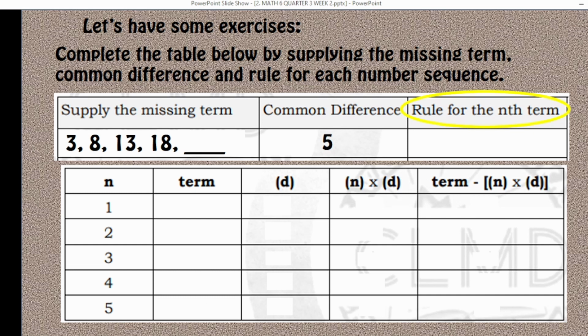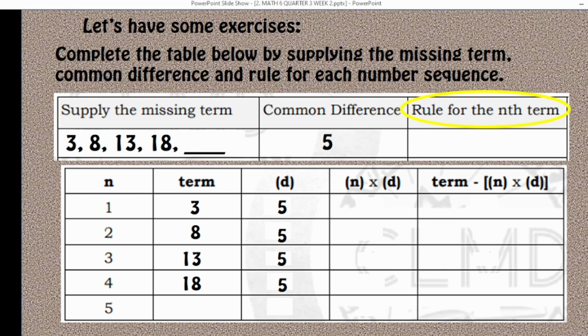Ganito rin ba ang inyong ginawa? Gumawa muna kayo ng isang table. Tama kayo dyan. So, alamin nga natin kung tama ang inyong sagot. So, ang ilalagay sa term ay yung pagkakasunod-sunod ng given na number sequence, 3, 8, 13, 18. At ang common difference nila ay pare-pareho, 5. Siyempre nga dahil nga common difference.